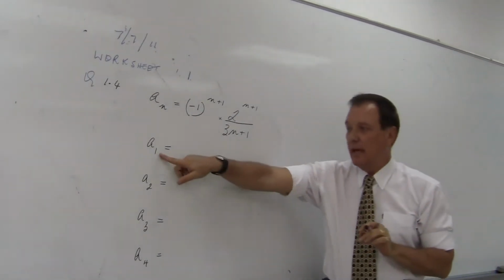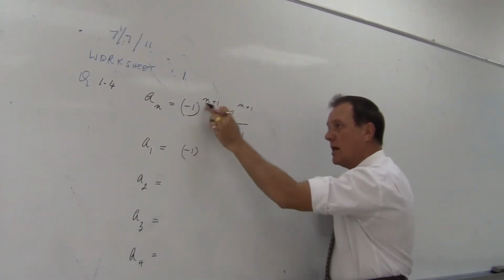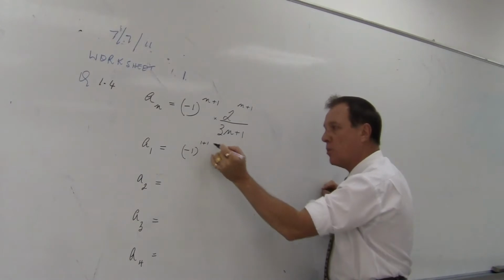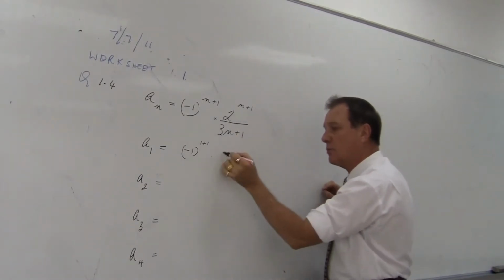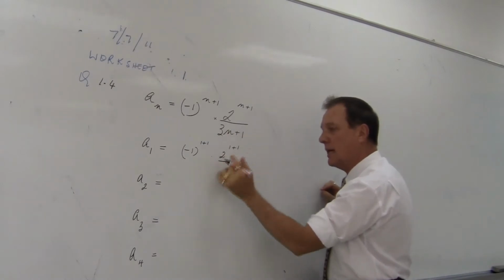Now, n gets replaced by 1 here. We'll have -1 raised to the power of 1 plus 1. Here the n gets replaced by 1, n plus 1 is 1 plus 1. And here, this is 3 times 1 plus 1.